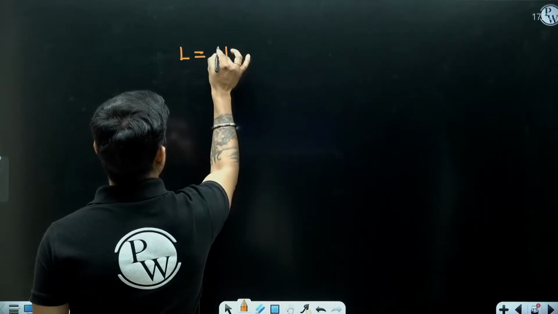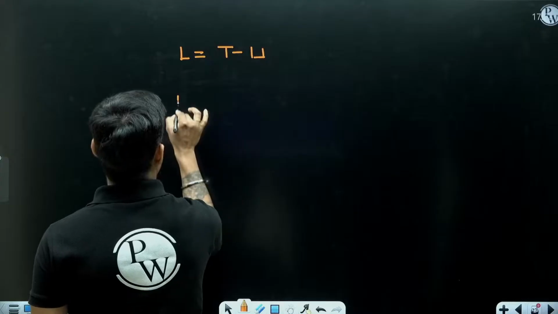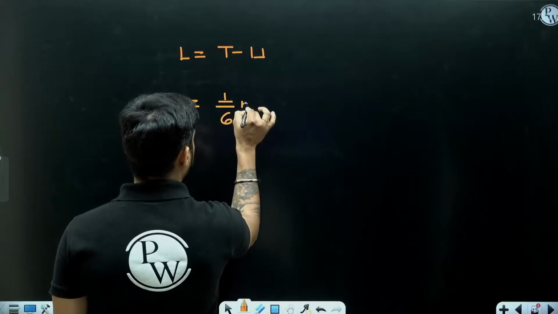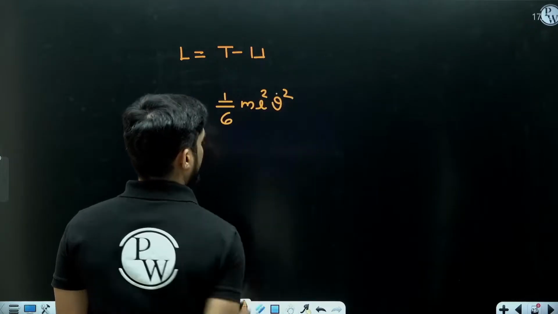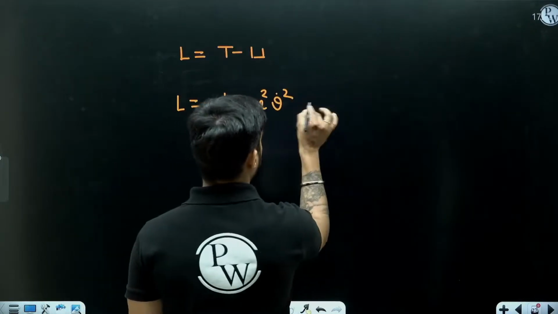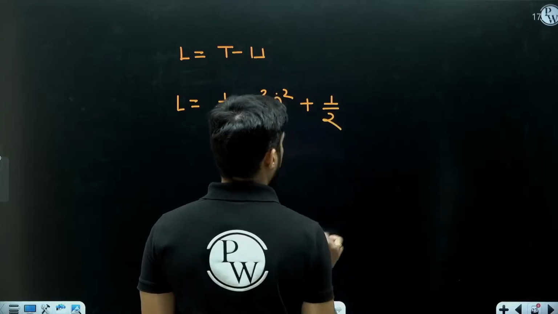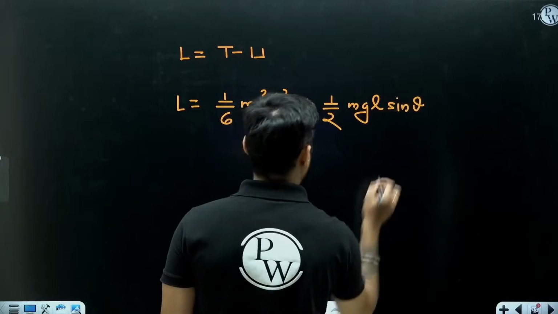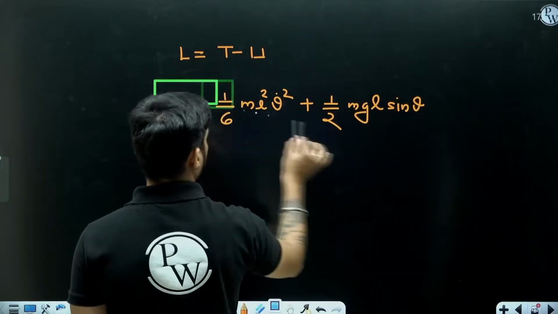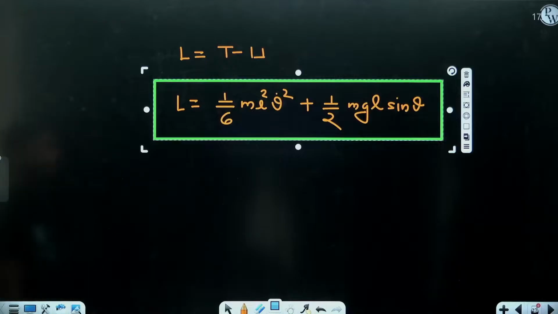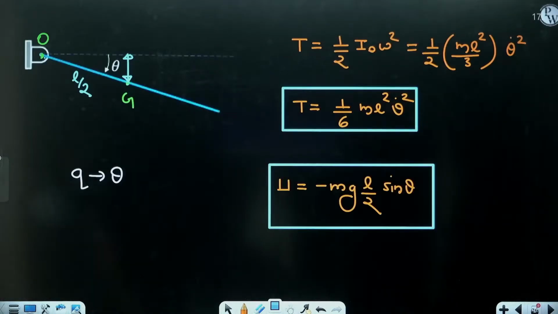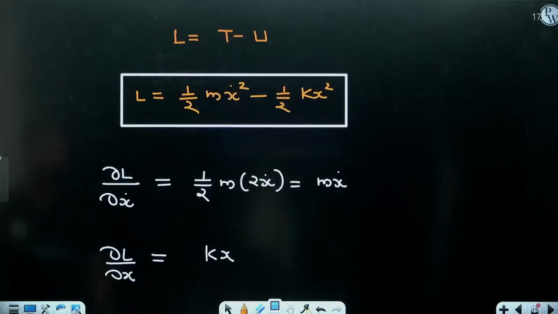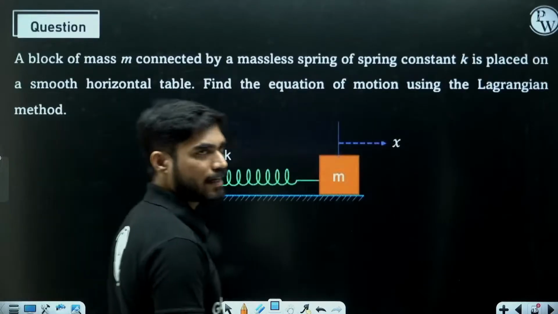L will be equal to T minus U. So it is 1 by 6 ml square theta dot square, minus and minus will become plus, it will become 1 by 2 mgl sine theta. So this is the Lagrangian of this system.